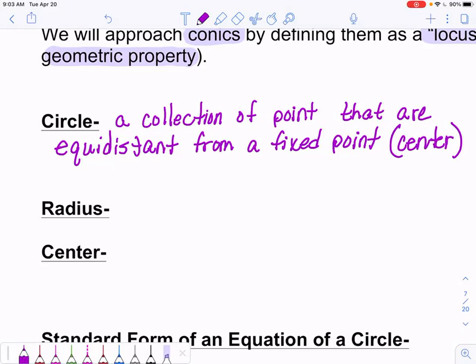Peter, how would you define a radius? Yeah, that sounds right.